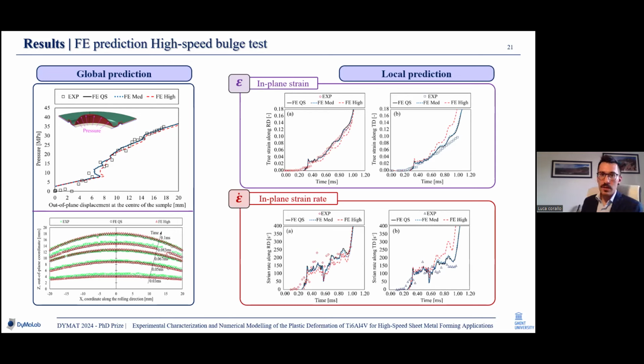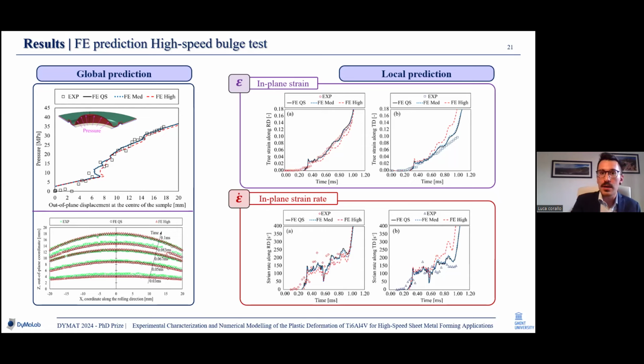What we observed is that when quasi-static and intermediate data were used to identify the anisotropic parameters, then we obtained the best prediction. On the contrary, the worst prediction was obtained using dynamic data for the identification of the anisotropic parameters. In particular, what we obtain is an overestimation, an overshooting of the experimental data.